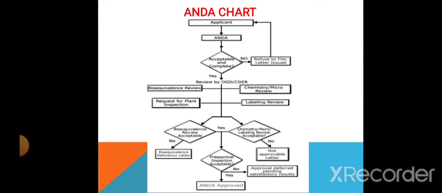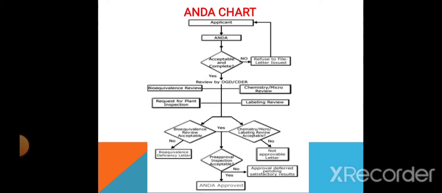If the bioequivalence study, or chemistry and micro review, is completed and accepted, the pre-approval inspection is done. Pre-approval inspection means before approval of the product, the FDA again visits the site and audits the site.